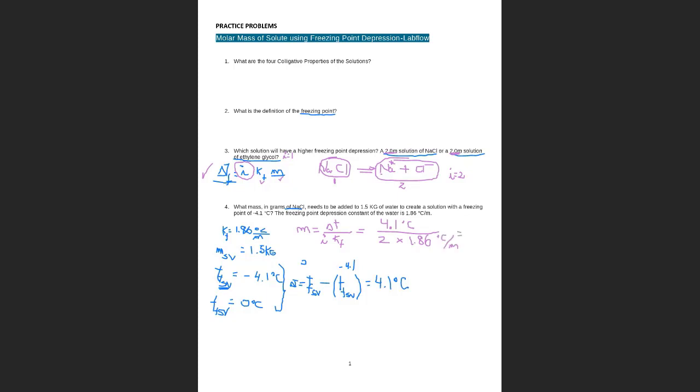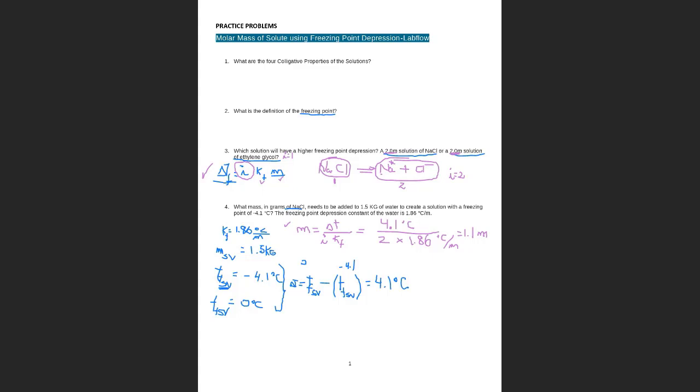So we are going to have a value for our molality that is 1.1 molar, which means 1.1 moles per kilogram of solvent. So the first step, we did the molality.